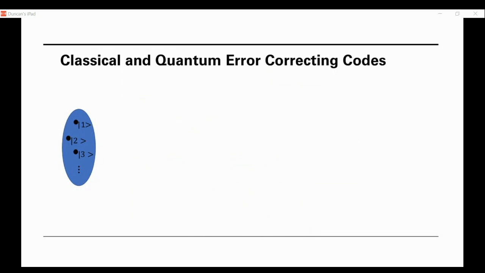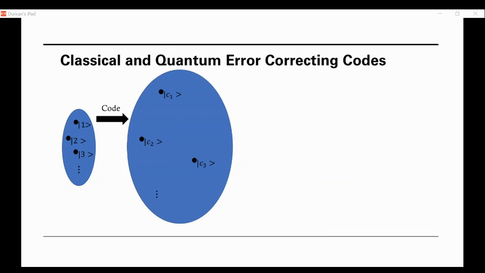All right, so putting everything together, what is error correction? Well, the basic idea here is you've got your logical bits or qubits. What do you want to do? You want to code them into a larger space. That's where our physical system is.